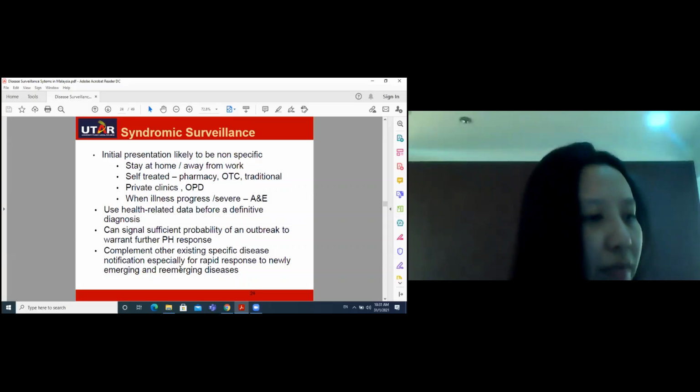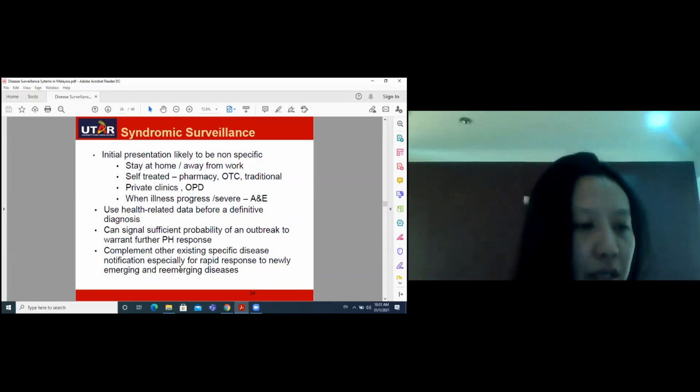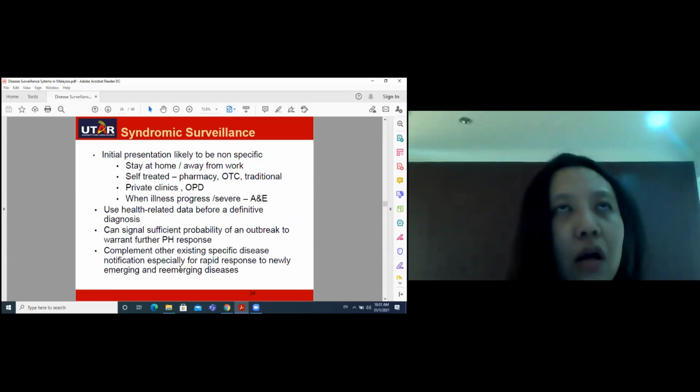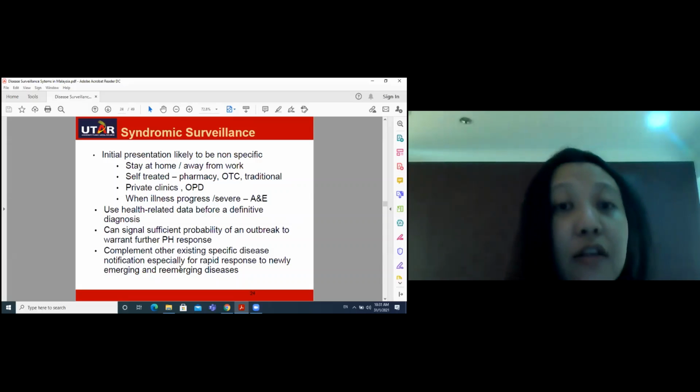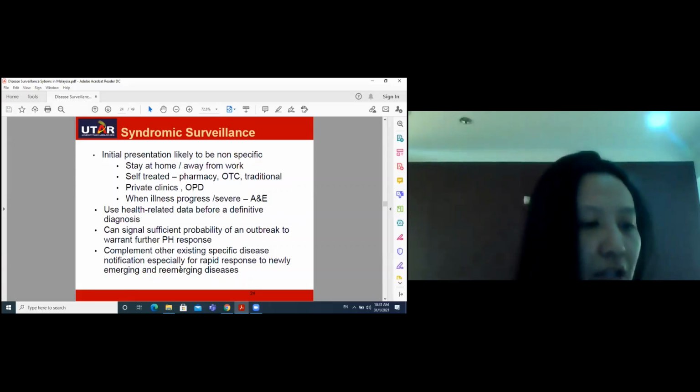So this syndromic surveillance here has common features in three different categories. We have the acute stage, the severe illness stage, and the absence of known predisposing factors.